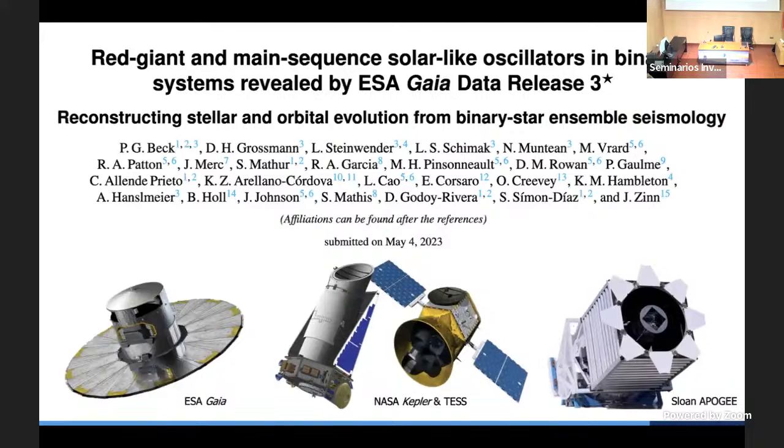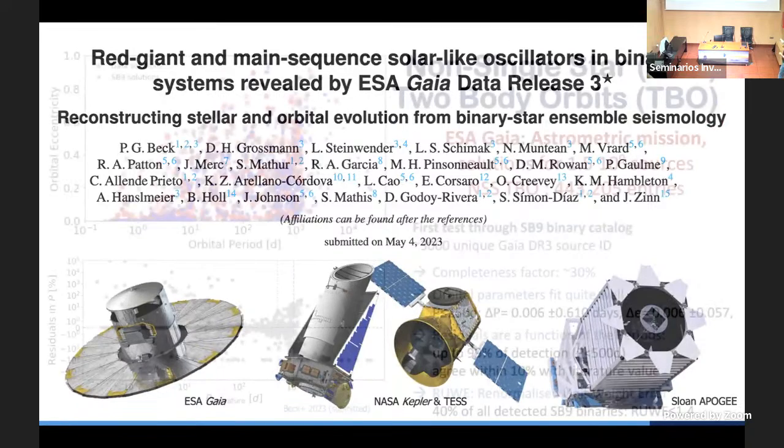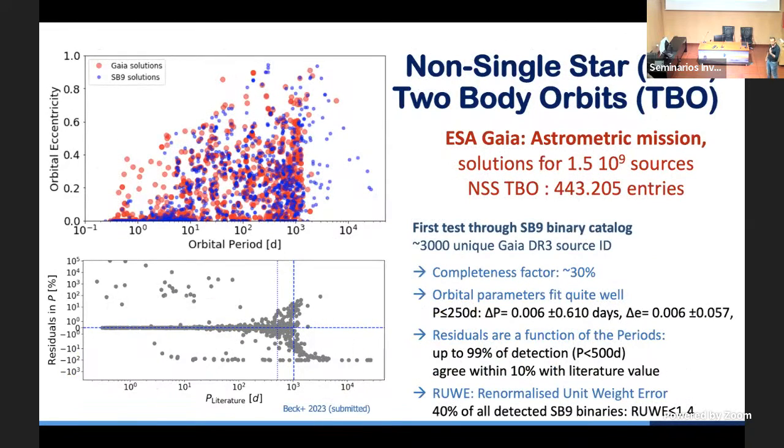What we did was a major search, a cross-section between the seismic database and the Gaia database to search for new binaries. And we combined in this study Gaia, then Kepler and TESS, and the Sloan APOGEE spectrograph for independent confirmation.